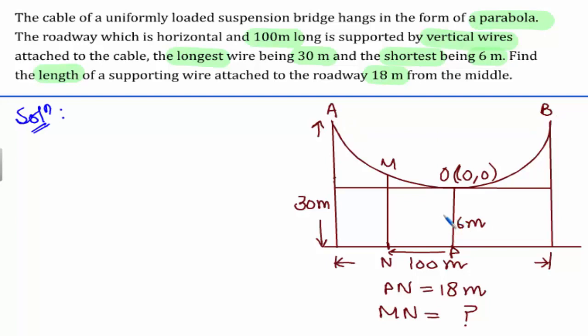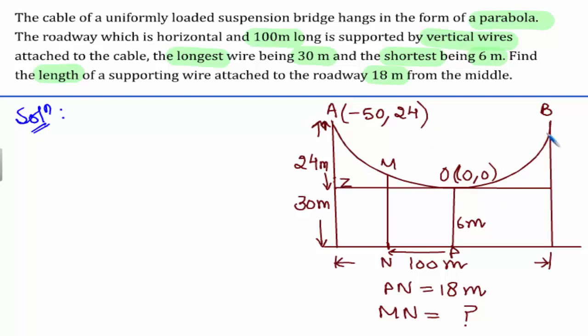Now, since this distance is 6 meters and this whole is 30 meters, therefore if we denote this point by Z, then AZ will be equal to 24 meters. That is, from A to Z the distance is 24 meters. So the coordinates of point A are, x coordinate is minus 50 and the y coordinate is 24.